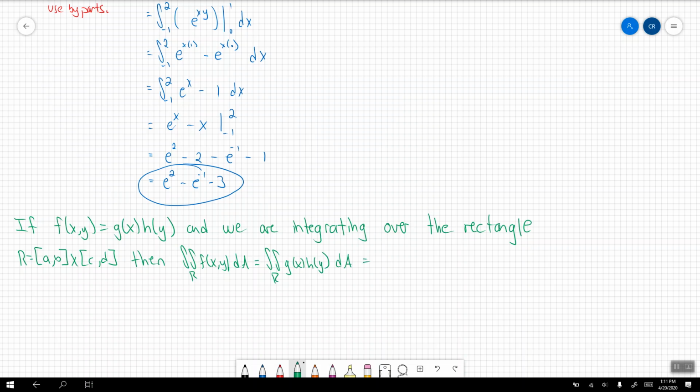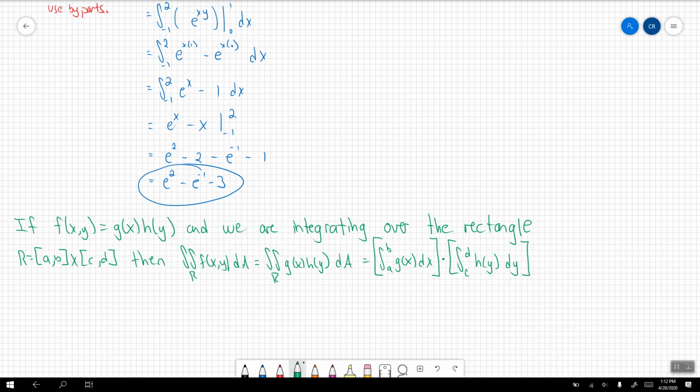Since the function is separable and each individual portion of the function does not contain the other variable, we can integrate from a to b for my first function g of x with respect to dx, and multiply that by the function evaluated from c to d for the variables containing y's, just like this.